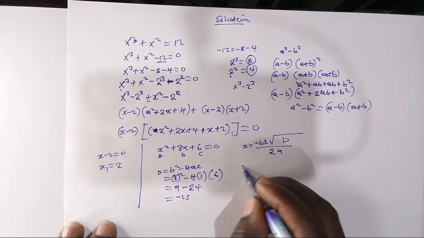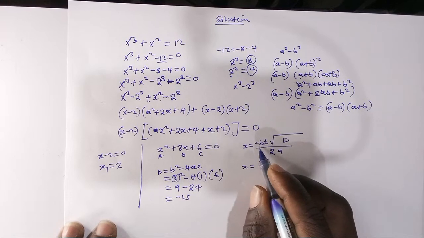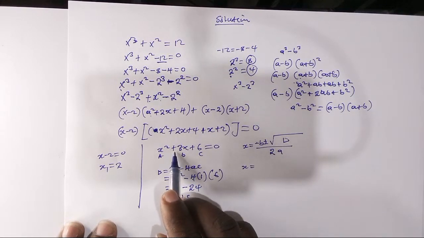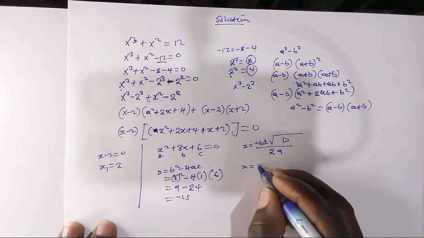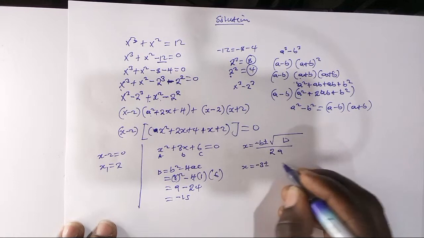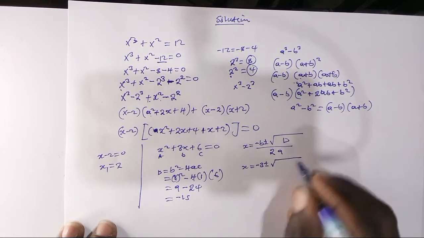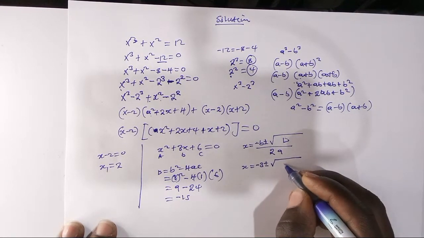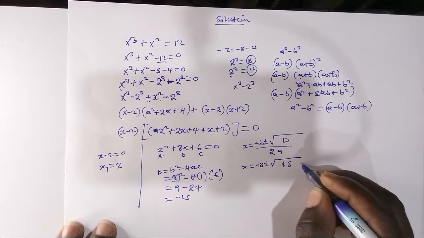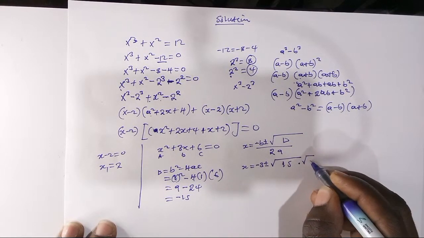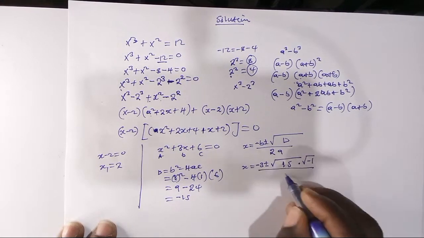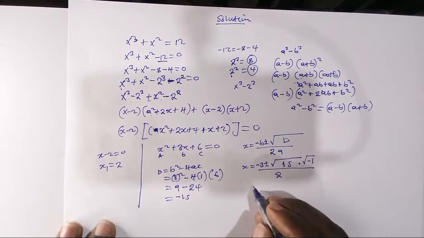Then x equals minus 3 plus or minus the square root of this one, which we can separate as 15 multiplied by the square root of minus 1, divided by 2, right?